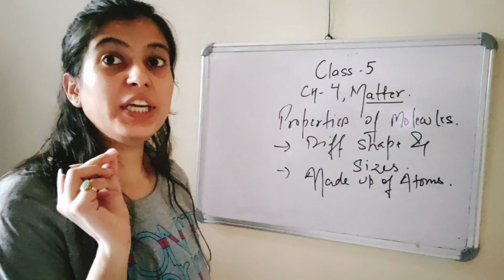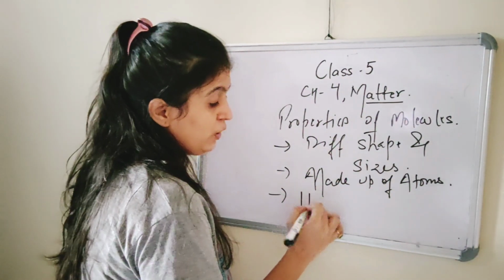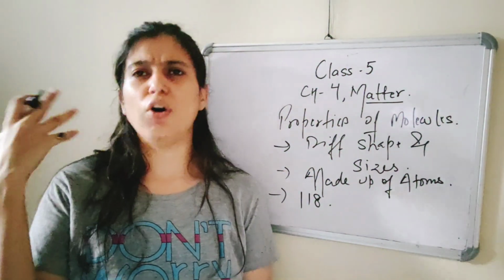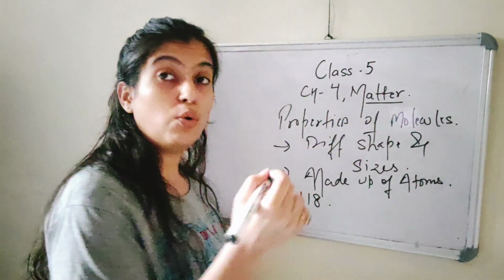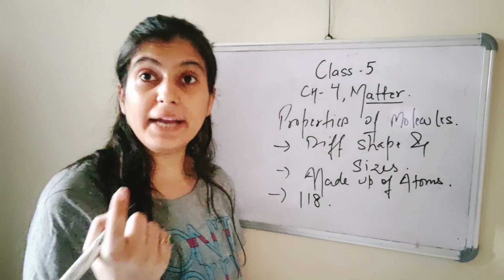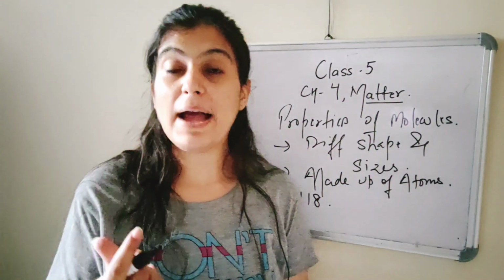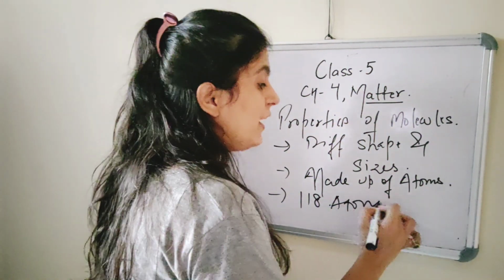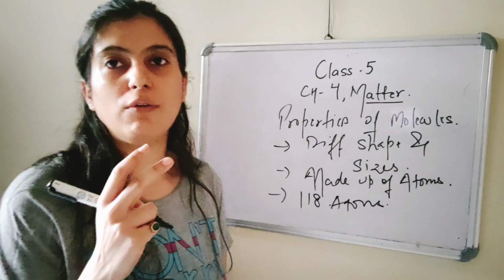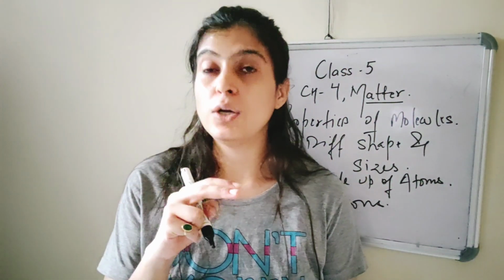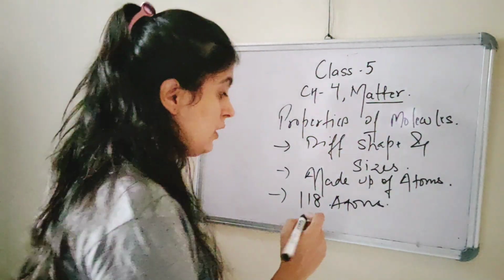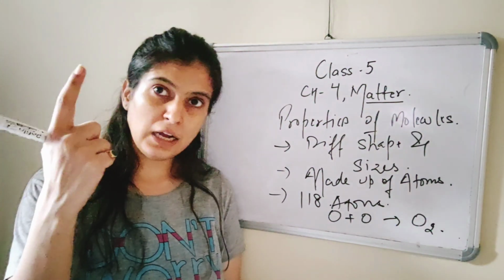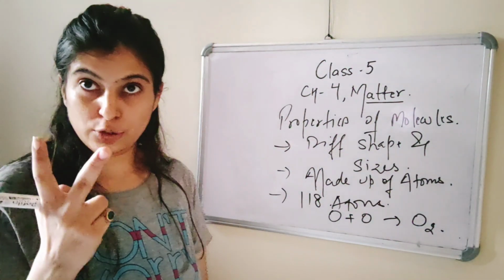There are 118 atoms, so there must be 118 or many different types of molecules. Now those atoms combine together, same atoms combine together to form different molecules. For example, two atoms of oxygen combine together to form O2. In this molecule, there are two atoms present.